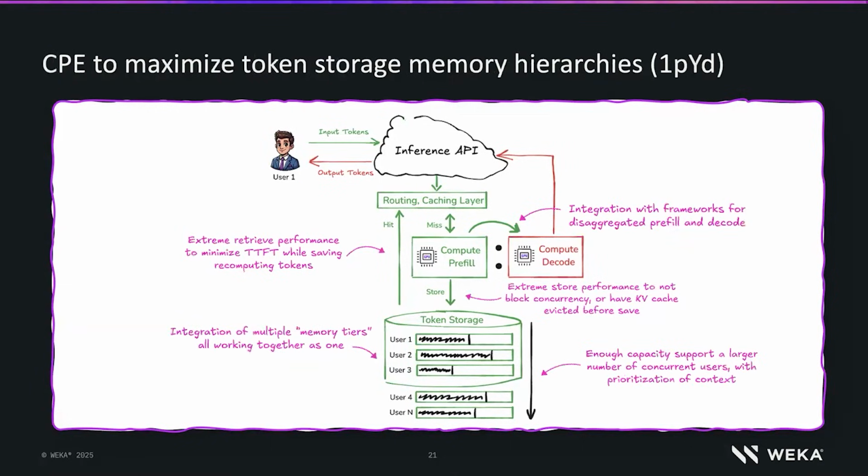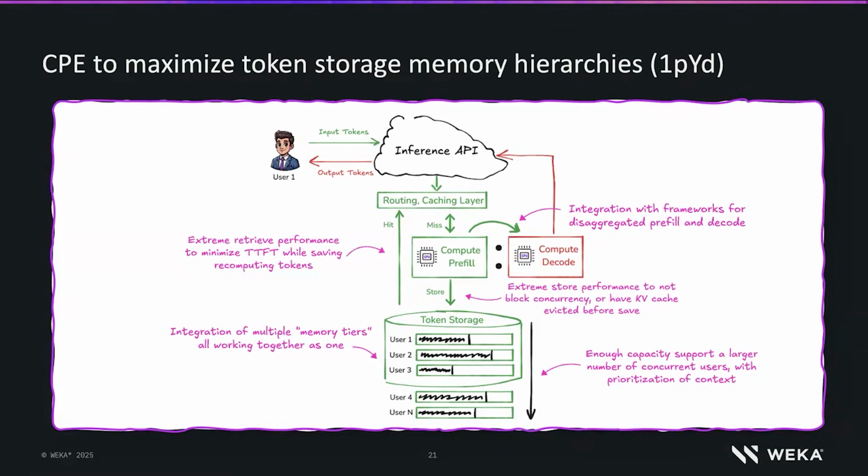So when you think about the token storage, there's lots of aspects that the memory tiers that support the token storage need to be able to do. But to make it really, really simple, it's literally as simple as you need enough capacity in these memory tiers so that you can hold an optimal amount of cache. If you think back to the slides I just showed, there's this point where having more cache helps you a little bit, but it gets to a point of diminishing returns.